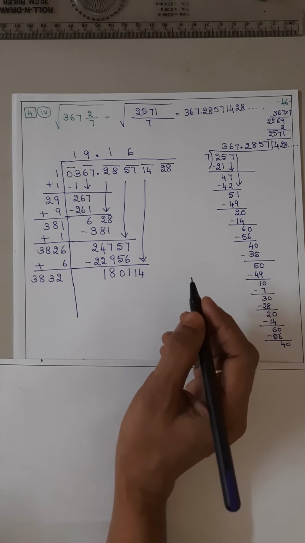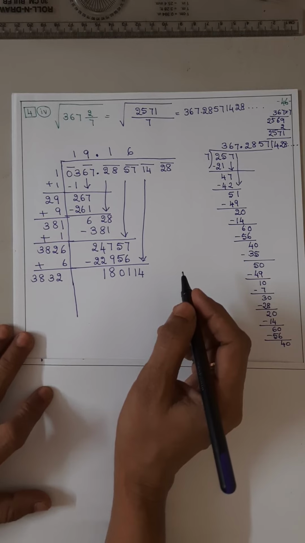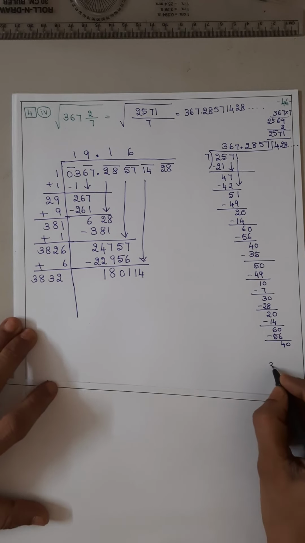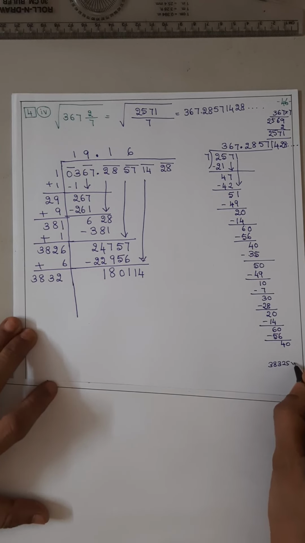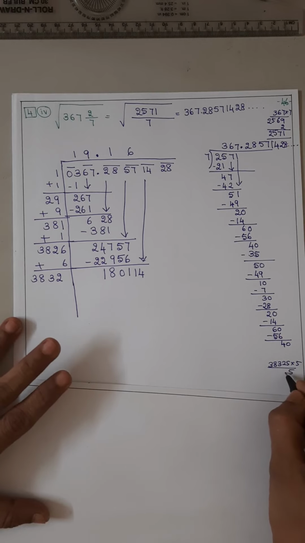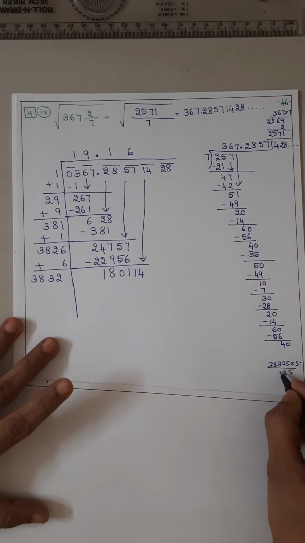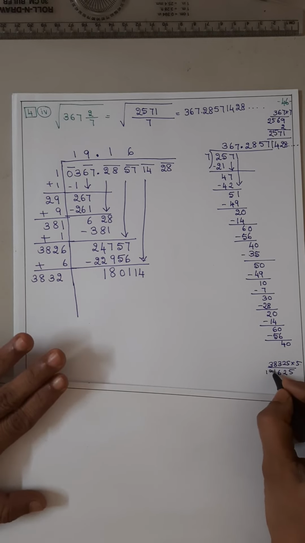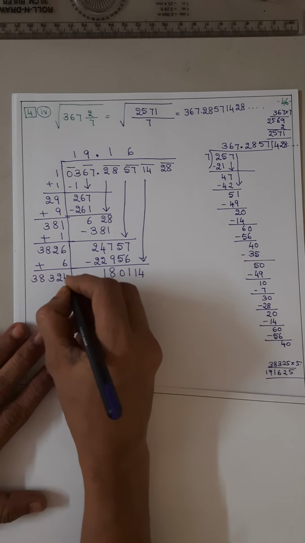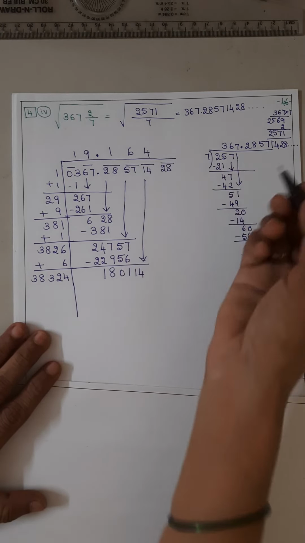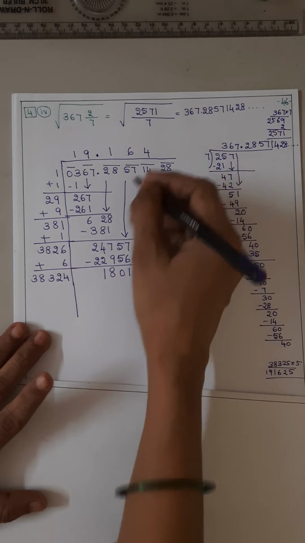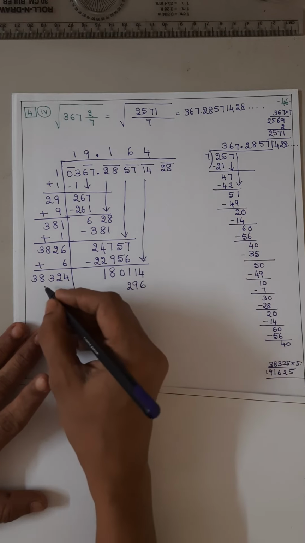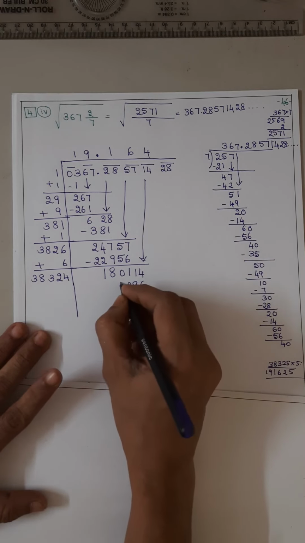So you can put 3, 6 are 18, but 5 check, it will be 3 8 3 2 5. 5 5s are 25, 5 2s are 10, 12, 5 3s are 15, 16, 5 8s are 40, 41. Bigger it will be, so put 4. 4 4s are 16, 4 2s are 8, 9, 4 3s are 12, 4 8s are 24, 25.